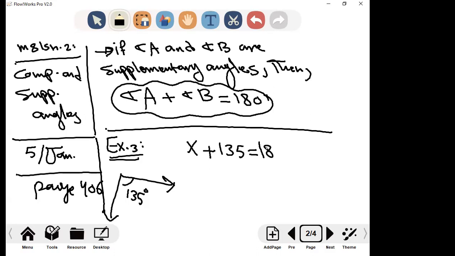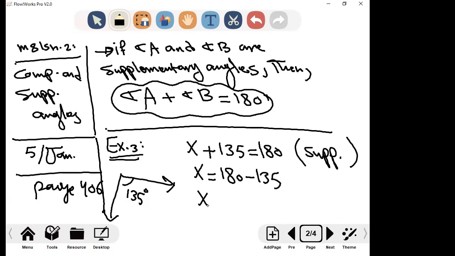How we know that it is 180? By the word supplementary, right? Yesterday we were talking about complementary. Just shift and subtract. So x will be 180 minus 135. X will be 45 degrees. Done? This is example 3.